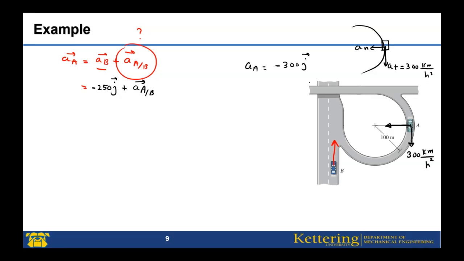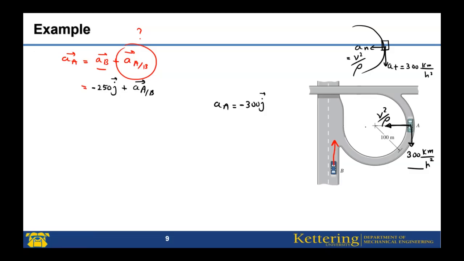This acceleration can be found as v squared divided by rho. Do you remember? Now, the acceleration of the A, just delete this one. Acceleration of the A has two parts. One, this one, it is negative minus 300 j, and one in this direction, that is v squared divided by rho.